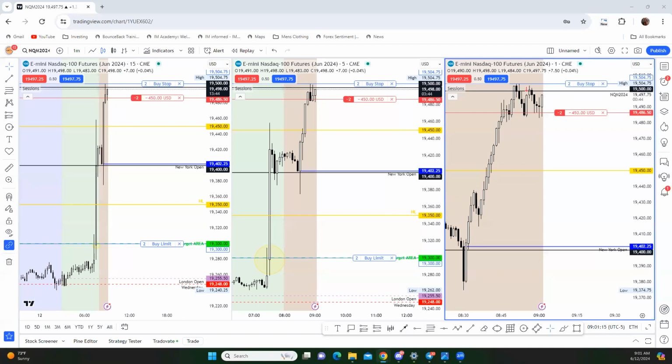M5 looks like they want to go higher, so I just don't like that price. They want to pop it one more time, I feel like. The 15 minutes look pretty strong on all three, or excuse me, on NQ and ES.